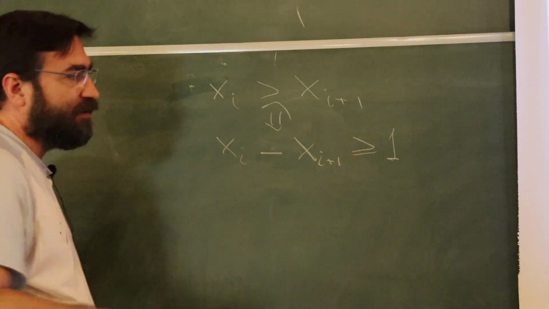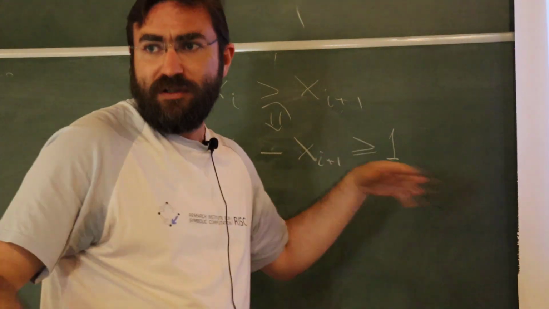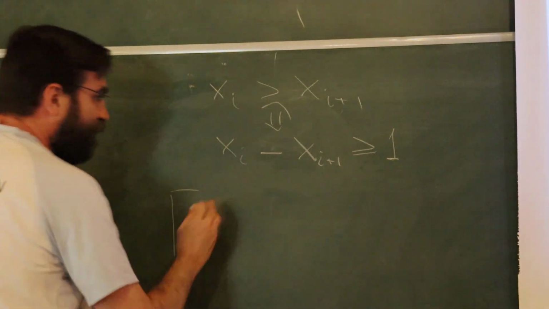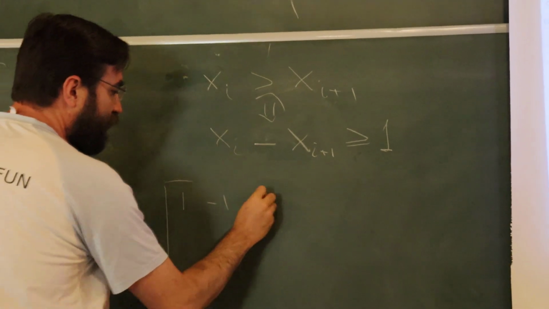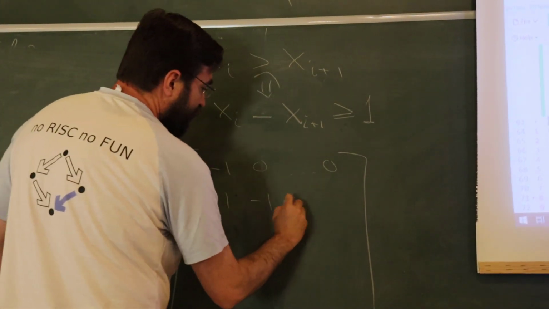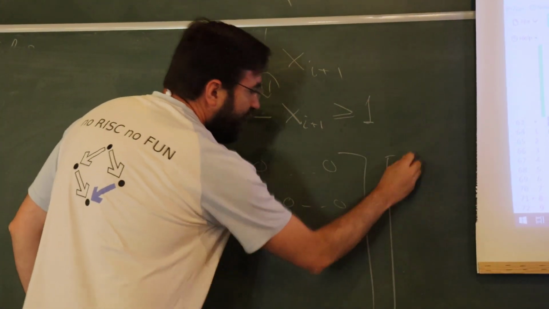We can encode strict inequalities, but we don't need that here. So what we need is the following matrix. It's 1, minus 1, 0, 0, 1, minus 1, etc., and all ones on the right.